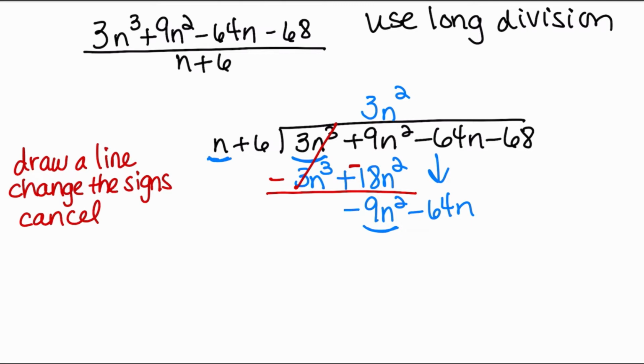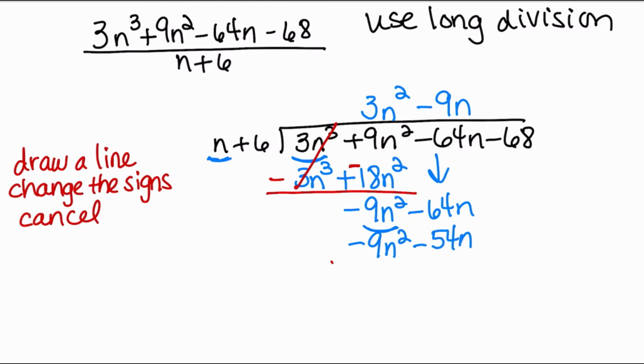So what times n is negative 9n squared? And the answer is negative 9n. Notice how it lines up beautifully with the negative 64n. So negative 9n times n is negative 9n squared. Negative 9n times 6 is negative 54n.